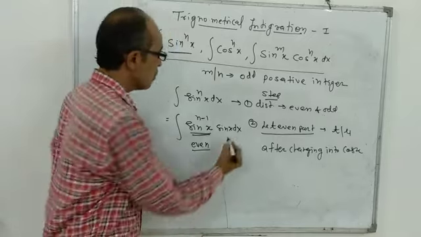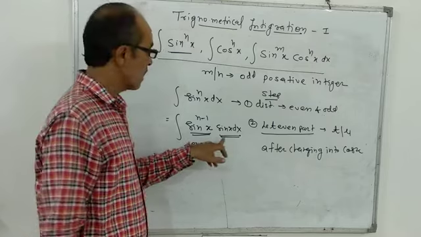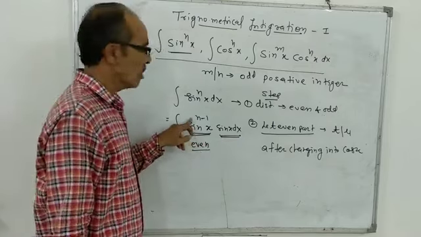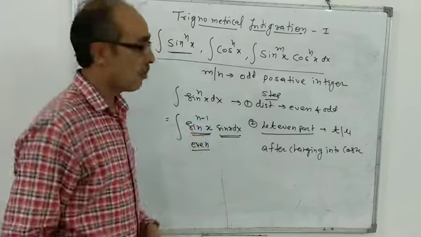Because the derivative of cos is sin x dx, this part changes into dt, and the rest is t to some power. So we expand this by the binomial expansion.